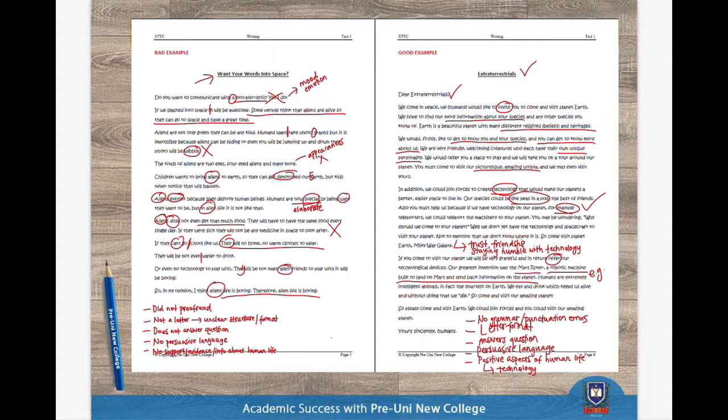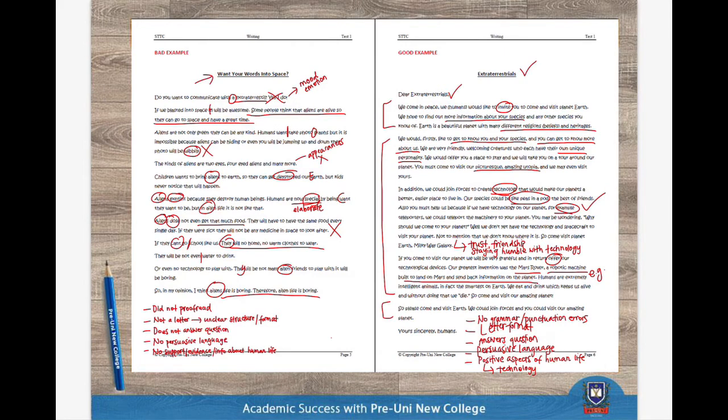So when writing this good example, we also take note of the form. So we use the letter format, which was the most suitable text type to use, but we also note that the writer, the person who wrote this, clearly has an introduction over here, and then we've got the body section here, and then we've got a conclusion.